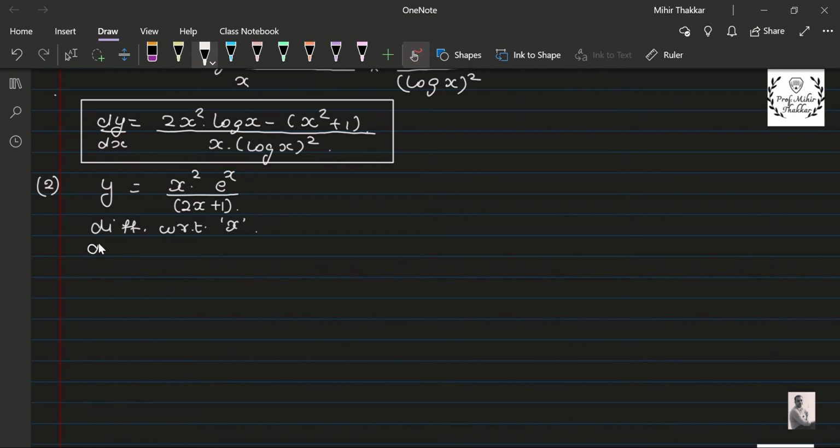Derivative of y, dy by dx is equal to, as we know the formula, I have to consider the numerator as u and the denominator as v.